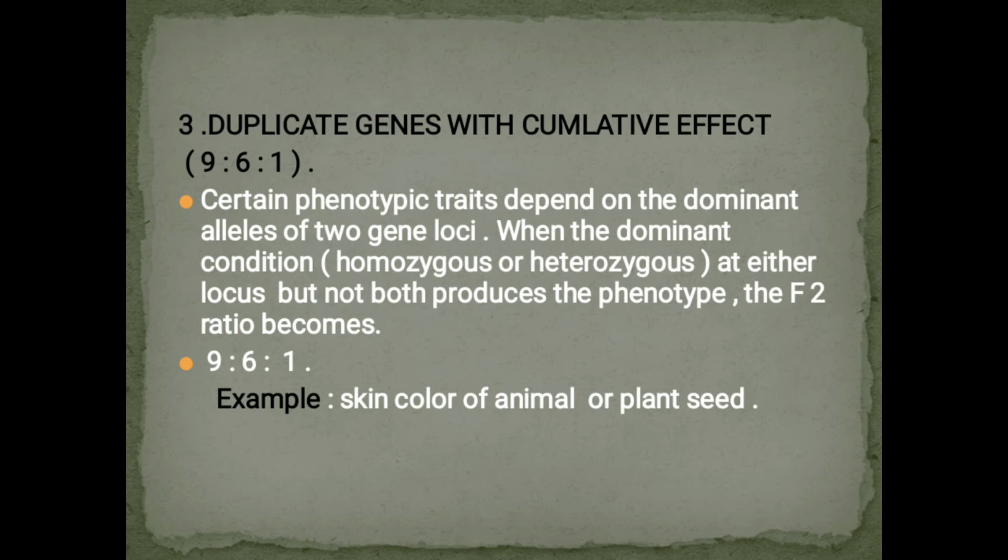When the dominant allele is homozygous or heterozygous at either locus but not both, it produces the phenotype, and the F2 generation ratio becomes 9:6:1. Example: skin color of animals or plant seeds.